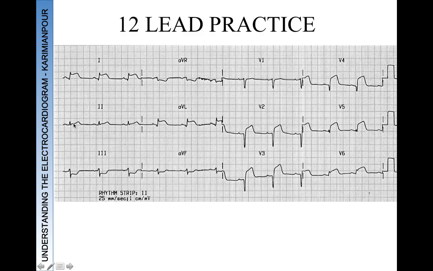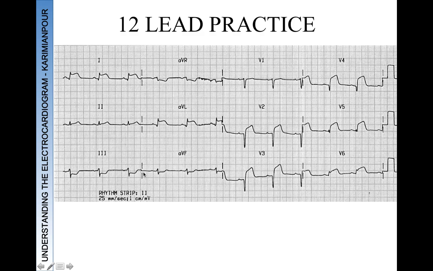That was our axis. Looking at our rhythm, you look for the P wave, and we see a nice small P wave followed by a QRS with every beat and a T wave that follows. So this is a normal sinus rhythm. Next, I calculate the rate.